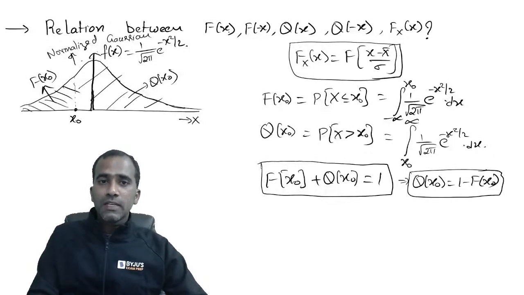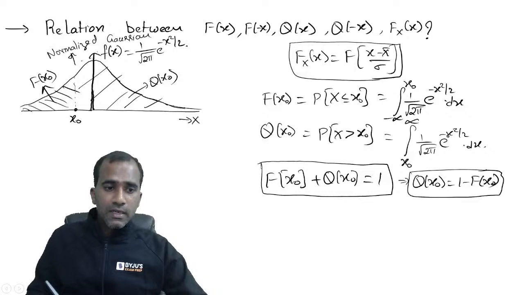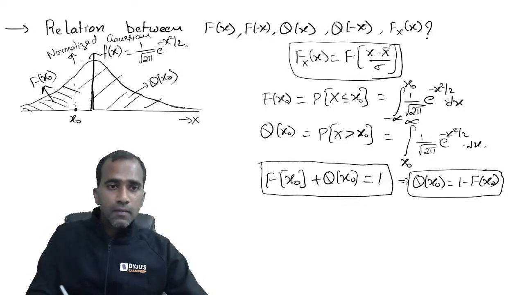Next, how about the relation between F of x and F of minus x? So F of x0 means this one. How about F of minus x0? Try to understand it graphically also. If this is x0, minus x0 is the symmetrical point with respect to 0.